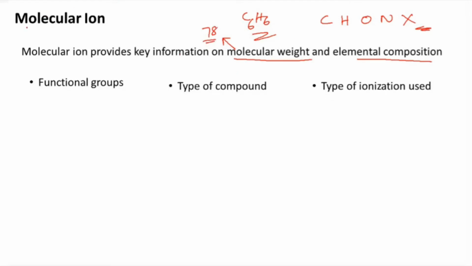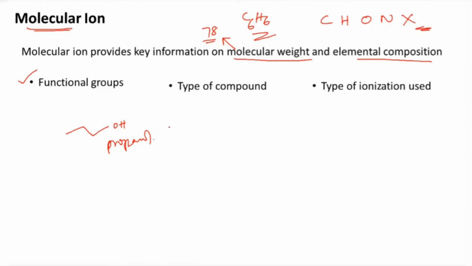But the appearance of the molecular ion is a very, very important topic, studied very well. Many studies have happened. It all depends upon the functional groups that we have in an organic compound. For example, this is propanol.